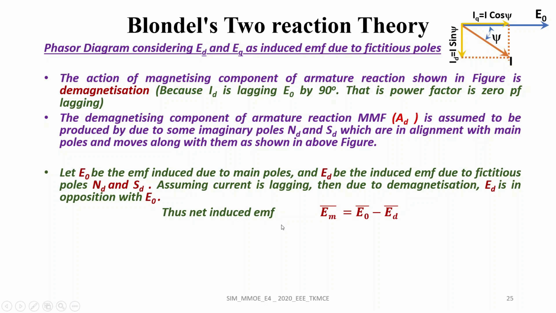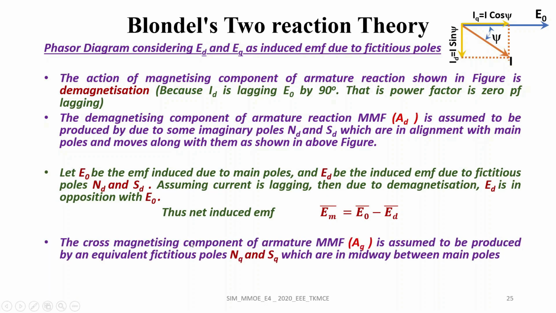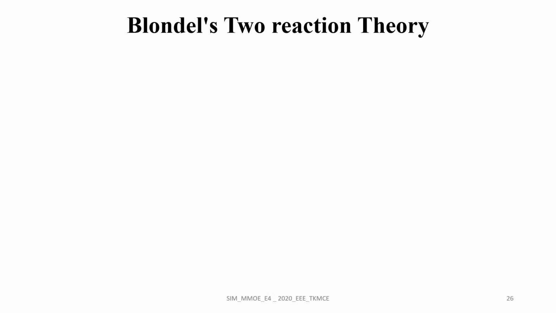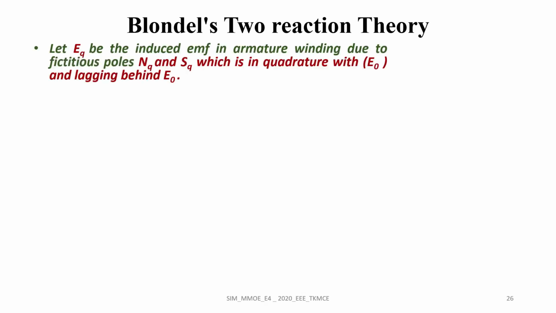Thus, the net induced EMF EM is equal to E0 minus ED. The cross magnetizing component of armature MMF, that is AQ, is assumed to be produced by equivalent fictitious poles NQ and SQ, which are midway between the main poles. Now let's consider the voltage drop due to armature reaction along the quadrature axis.